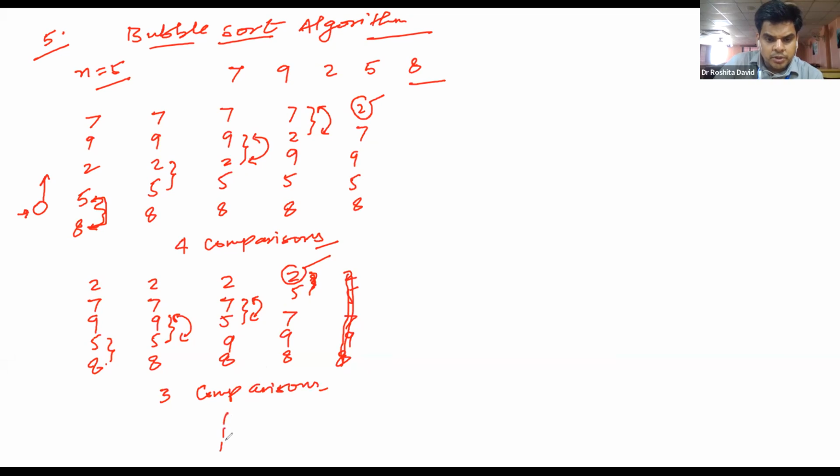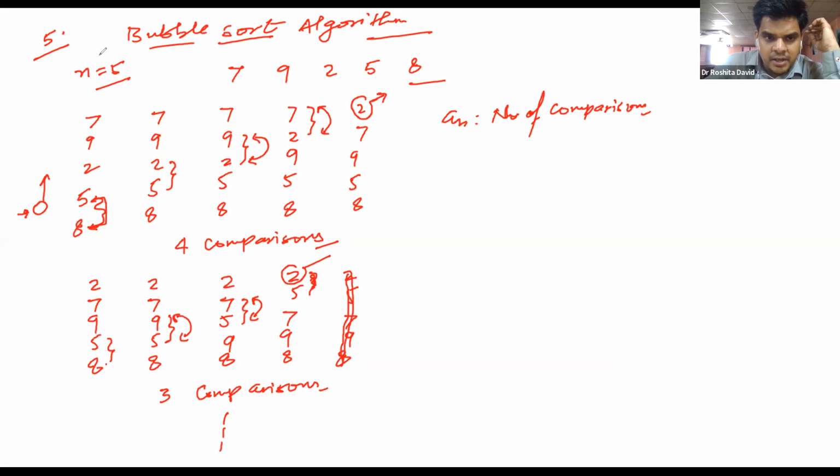Okay, similarly, you do these comparisons. You will start from this now, and you will bubble up. So how many comparisons are required? That thing you have to count. If I give a_n as the number of comparisons, so for taking this 2, the smallest, to the top, how many comparisons were required?